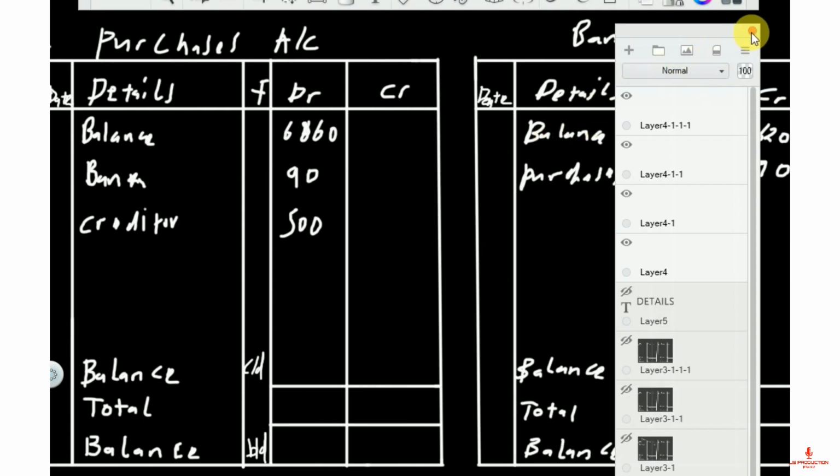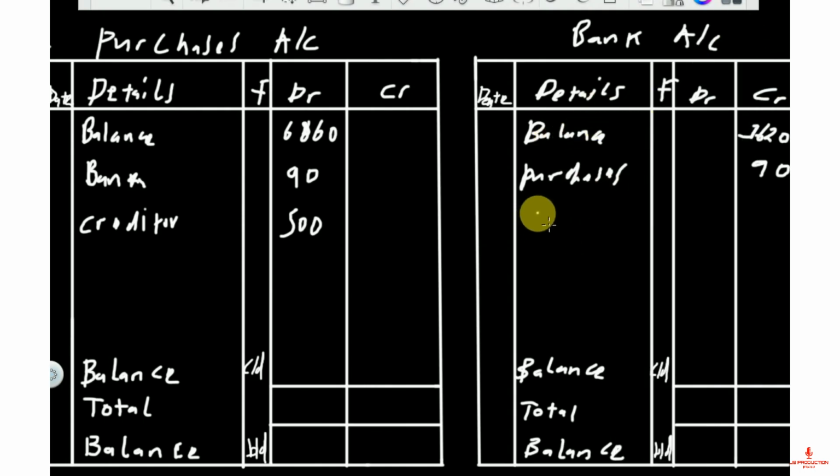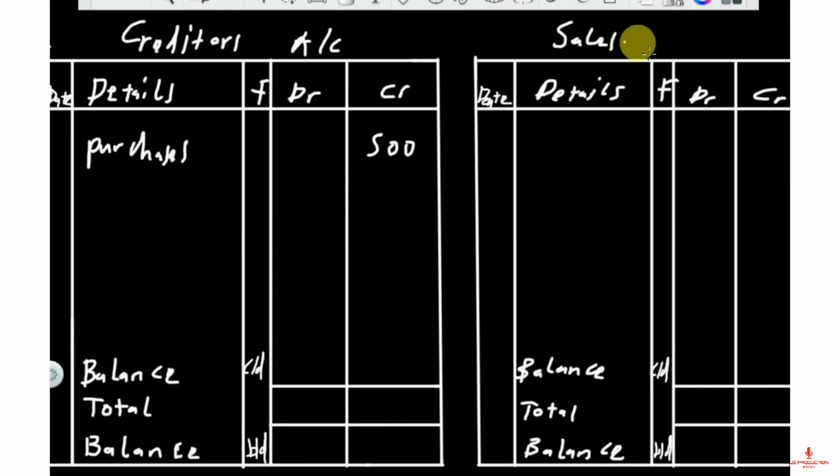So sold goods by check, that means the sole trader was receiving 700. So we're going to say sales, and we're going to record that in the bank account to the debit side, 700. Write down the sales account, and we know that we have a balance in the sales account, and this balance is given as 13,400.